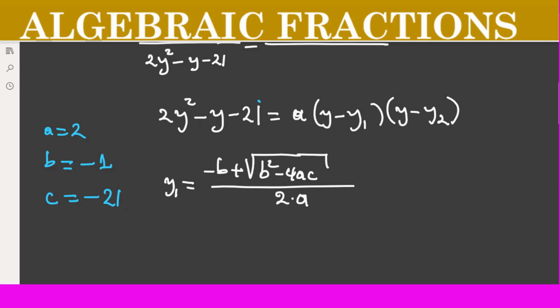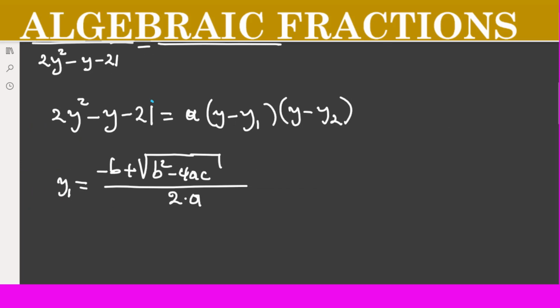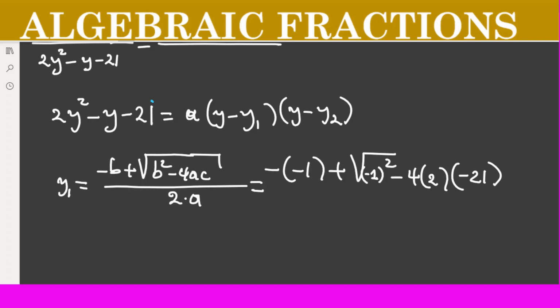Now using this quadratic formula we get, see here, negative negative 1 plus root of 1 squared minus 4 times 2 times negative 21.